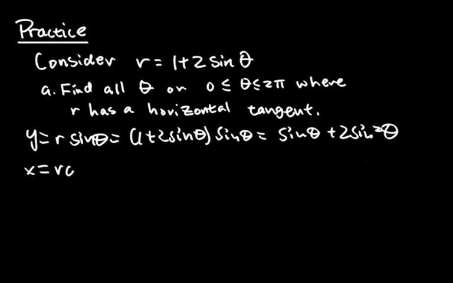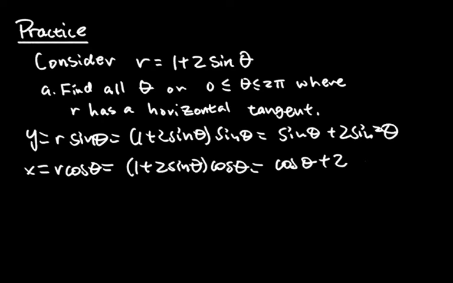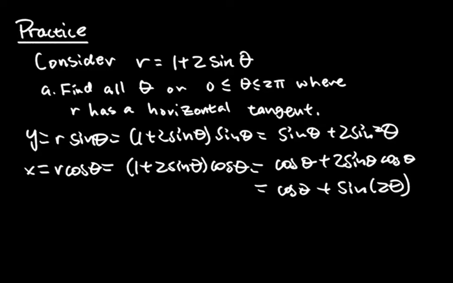X equals r cosine theta. So same thing, just substitute things in, and then we end up with cosine theta plus 2 sine theta cosine theta. This is going to be easier if we simplify it to sine of 2 theta. So I'm just going to do that real fast.